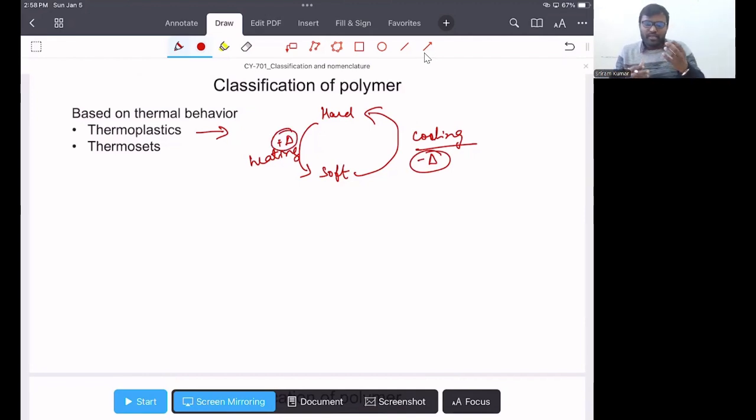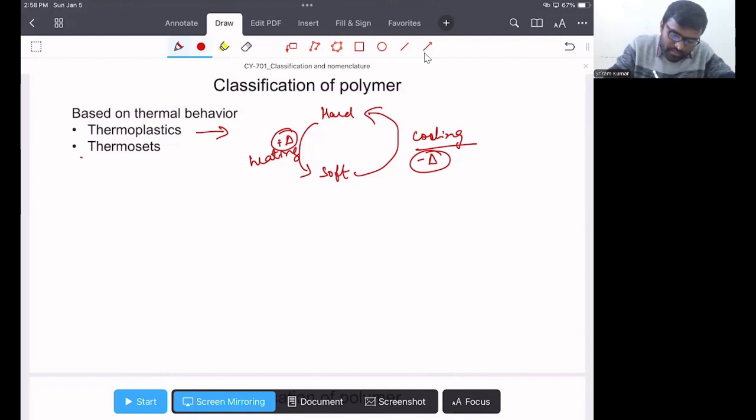If you heat the polymer material, it becomes soft, and once you cool it, it becomes hard again. This cyclic process can happen multiple times without breaking these polymer materials. This is the beauty of thermoplastics.